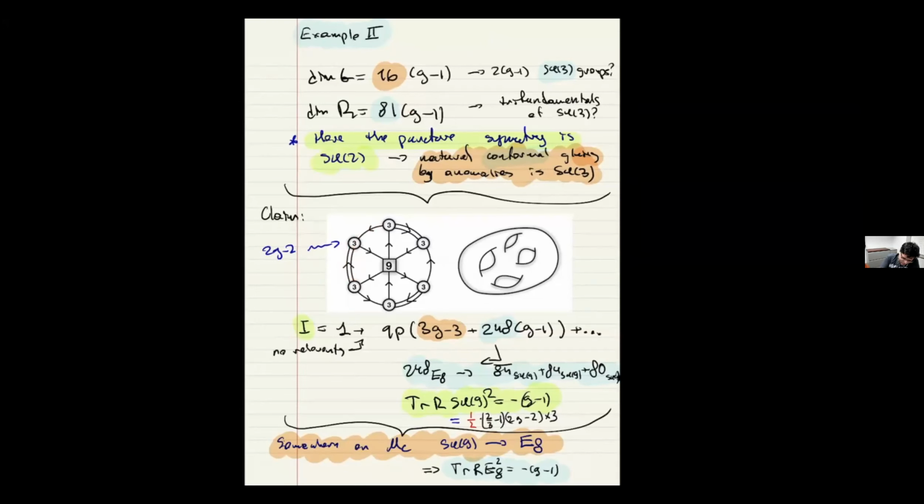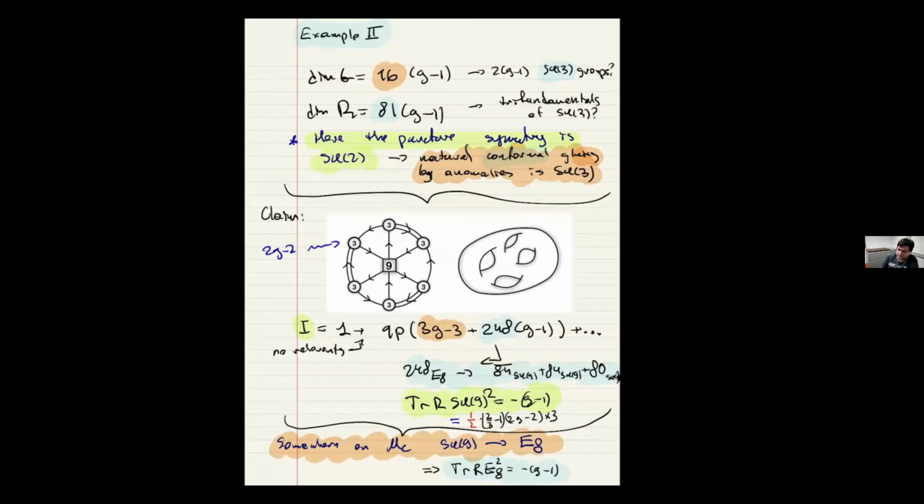For example, there will be an operator which will go like that, which will be in 80 plus 1 representation of this SU9 group. There will be baryonic operators like this, which will be in 84 or 84 bar representation of SU9. And it so happens that all the marginal operators are either singlets of this SU9, or they always combine into 84 bar plus 84 plus 80, which is a decomposition of the adjoint representation of E8 into SU9 representations.